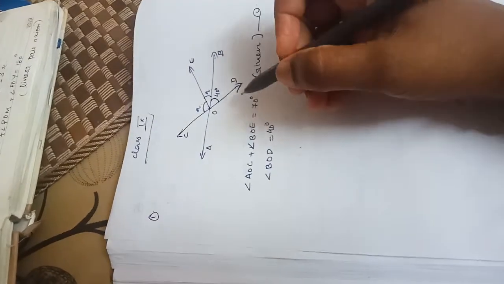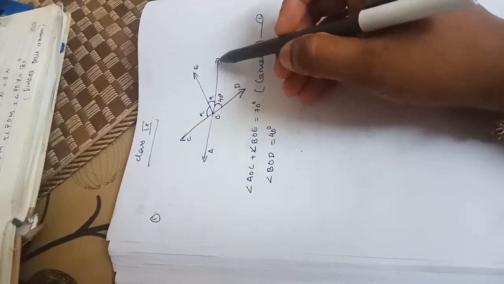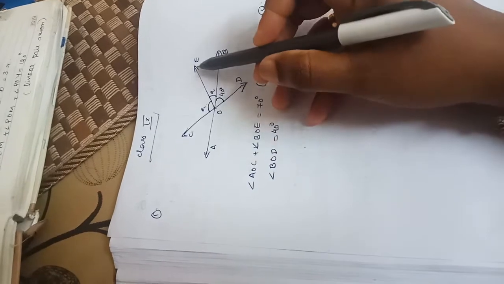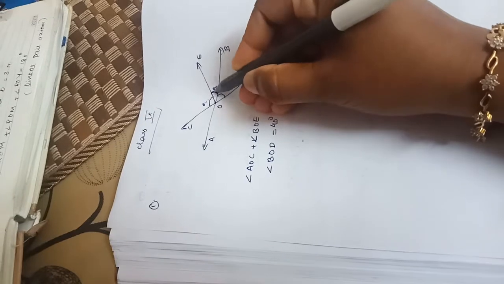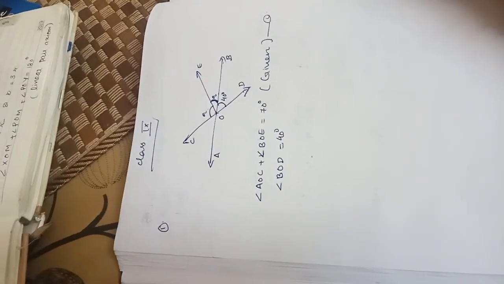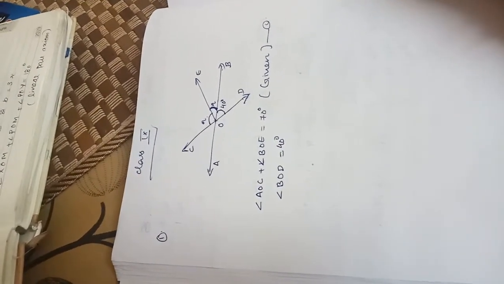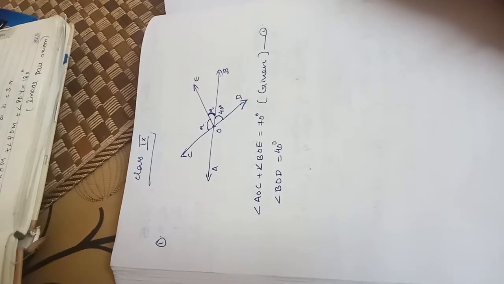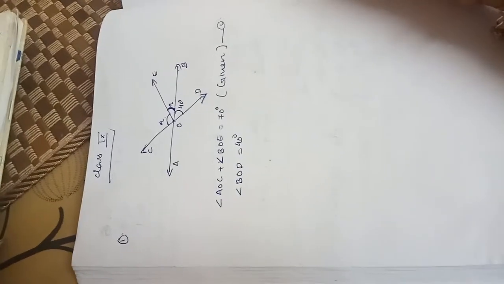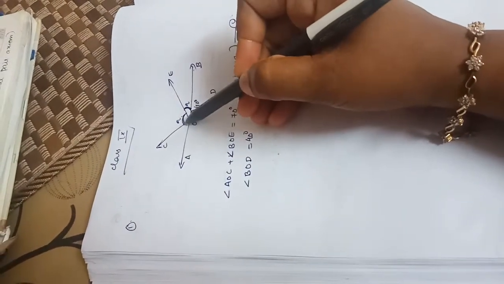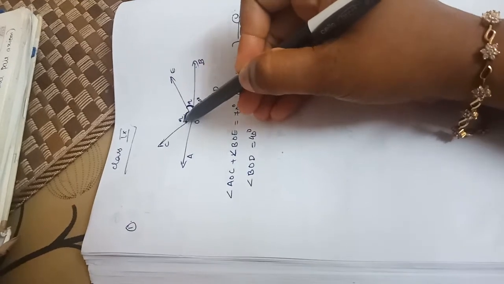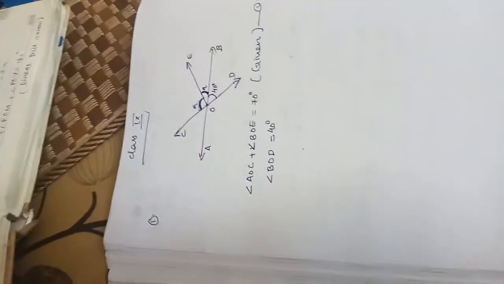Where is BOE? This angle we have to find out. After that we have to find the reflex angle COE. To find the reflex angle COE, first find angle COE, this one. After that, 360 minus angle COE gives you the reflex angle. That is the method.